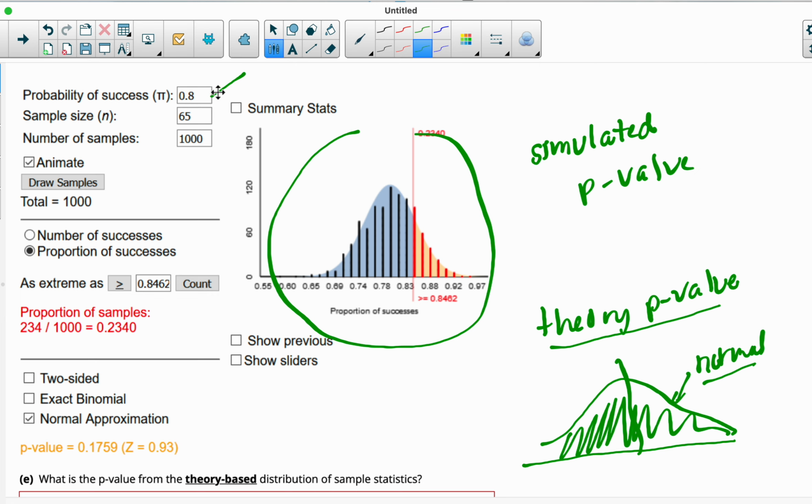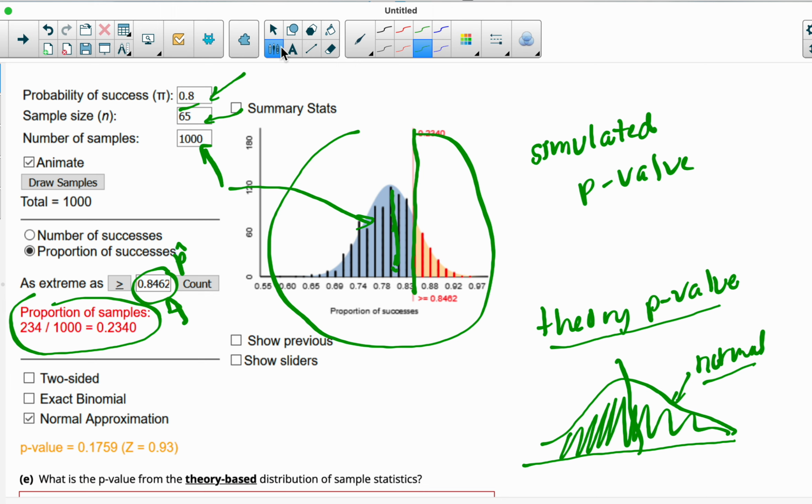So we created a distribution assuming that pi is equal to 0.8. We have a sample size of 65, and then we repeated that 1,000 times. So these things here that are made up of dots, those are the simulation-based approach. You put in your p hat here, and it's going to count all of the values that are greater than or equal to your observed statistic.